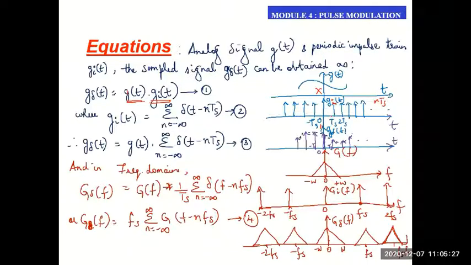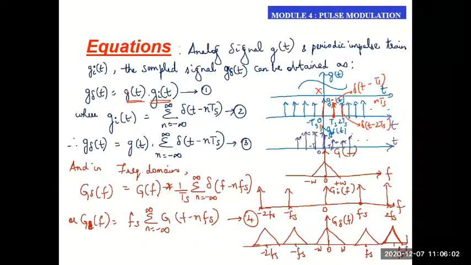Ts is the sampling time; the time difference between successive impulses is the sampling time Ts. The first impulse I get at 0, where n is 0. When n becomes 1, I get a right shifted impulse, delta of t minus Ts. And the second one is represented by delta of t minus 2Ts.